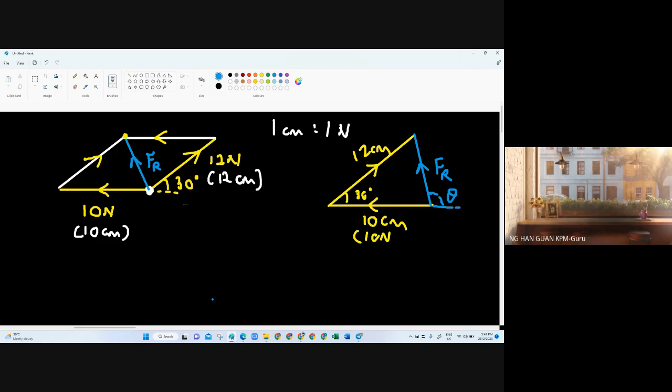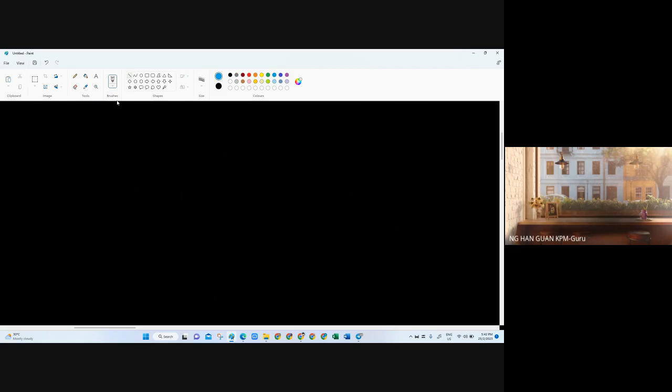So like the case here, I repeat the question again. If you have 10 Newton in this way and 12 Newton with a 30 degree theta here, you need to find the solution presented for this 12 Newton.